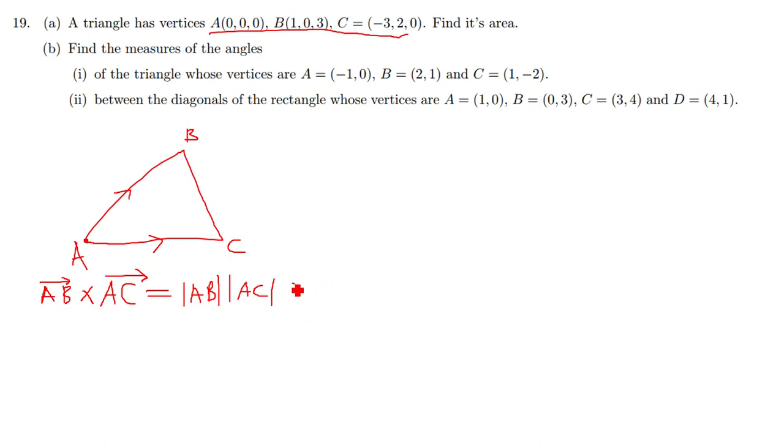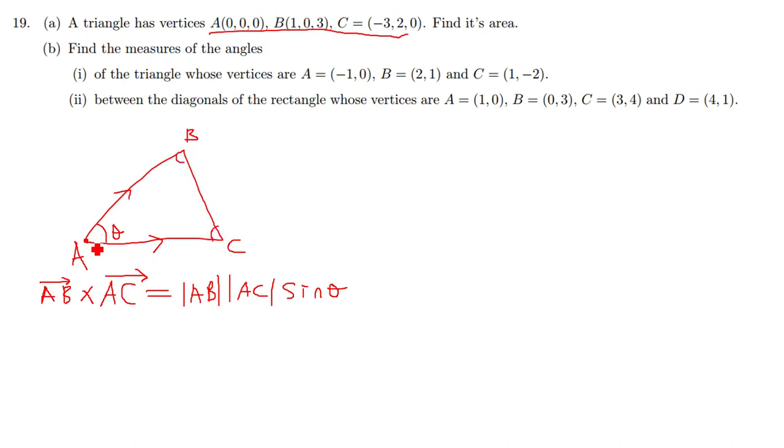Here now it's sin theta. So the angle that we're finding is simply this angle, theta. We've been told to find all the measures of the angles, meaning we need to find theta 1, theta 2, and theta 3. So we need to find all these 3 angles.